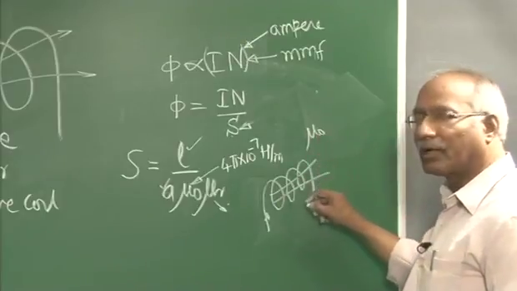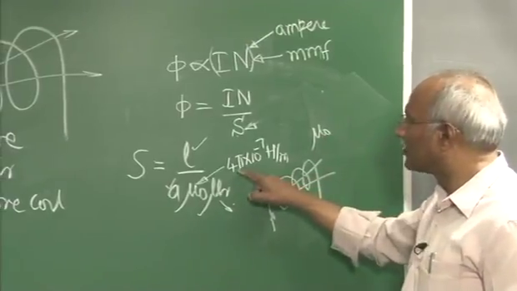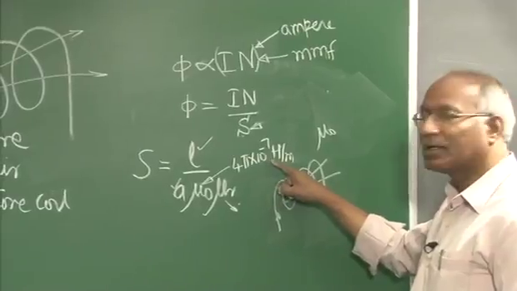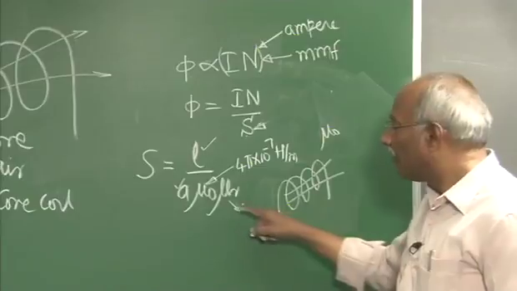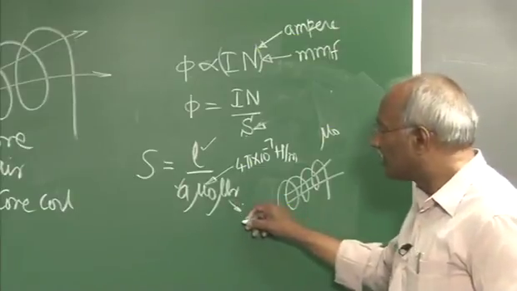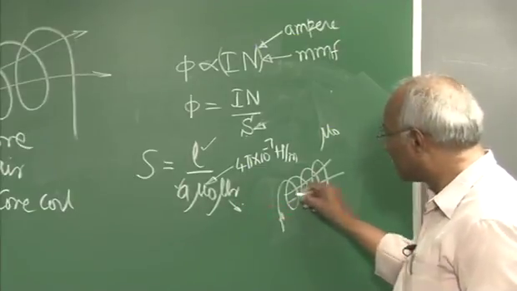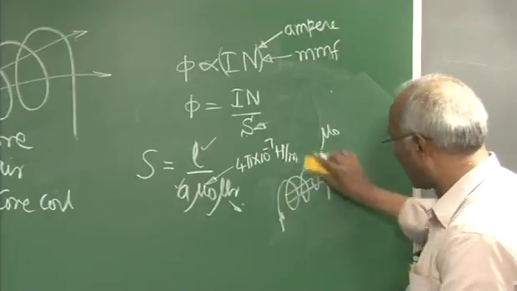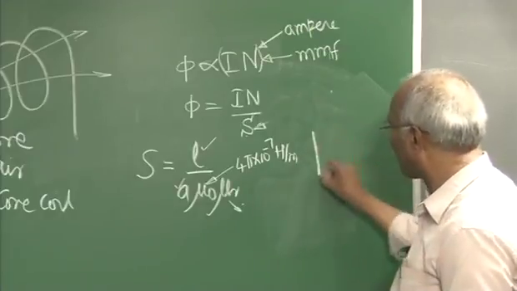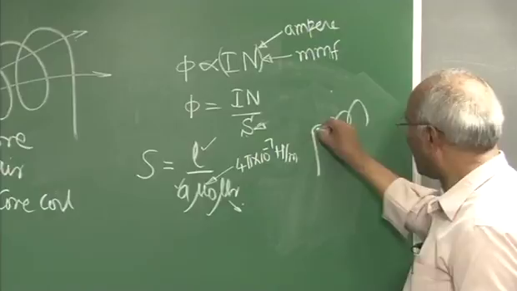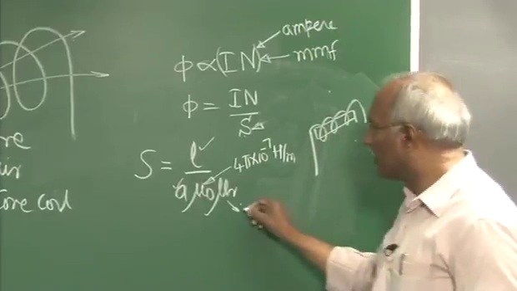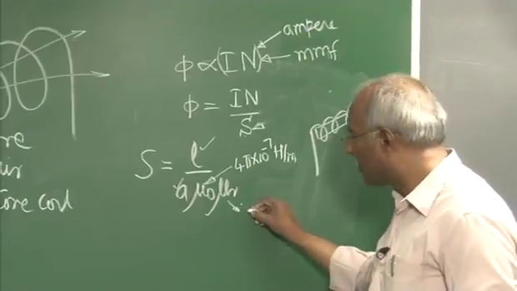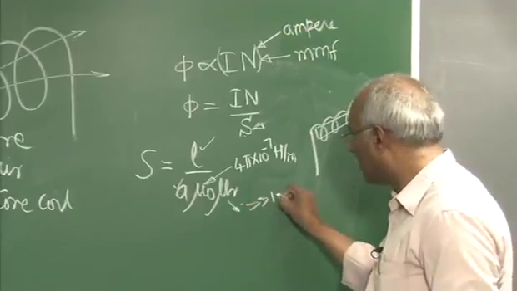That's nothing but the vacuum, taken as 4 pi into 10 to the power of minus 7. When it comes to mu r, it is the relative permeability. If the same coil is wound on an iron piece like this, the flux produced is more, in which case mu r is called the relative permeability and is always greater than 1.